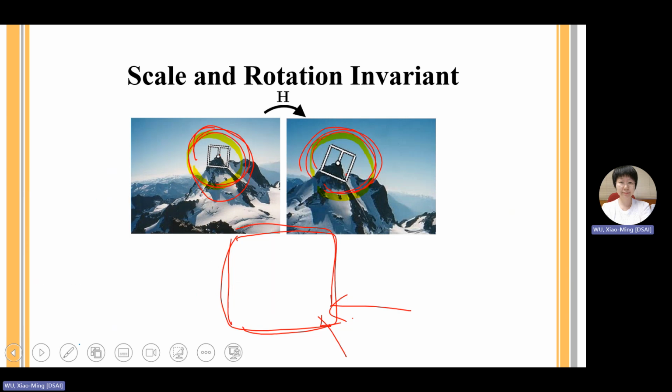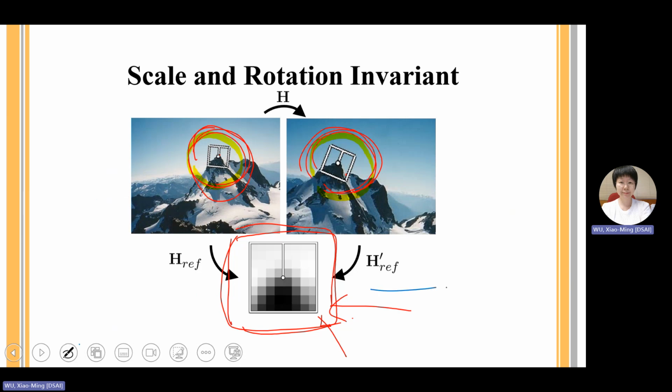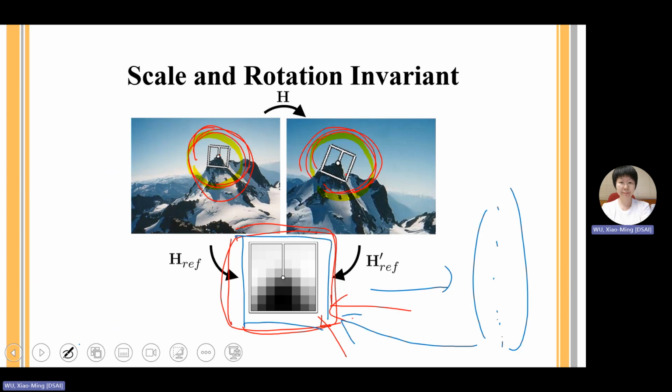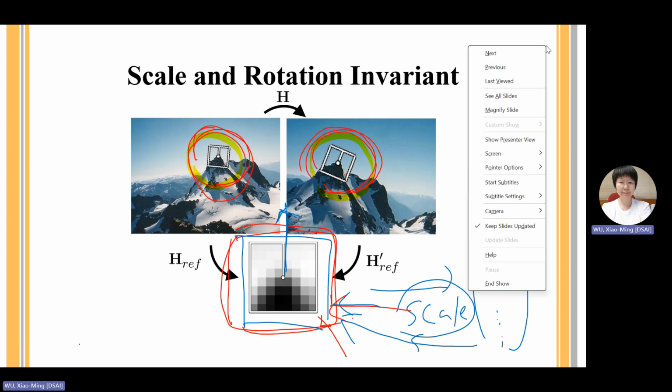We have a signature vector, which describes this standard patch, whose size or scale and orientation point to the normal standard orientations. Okay.